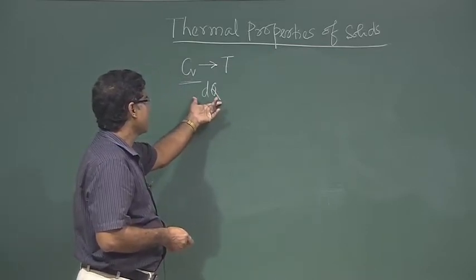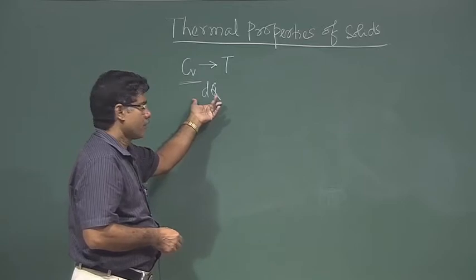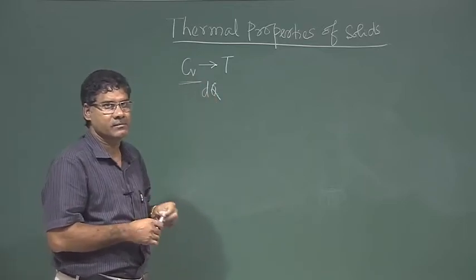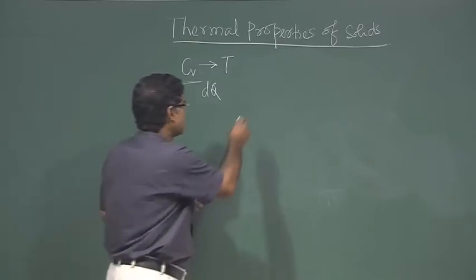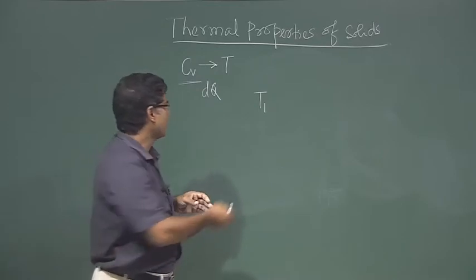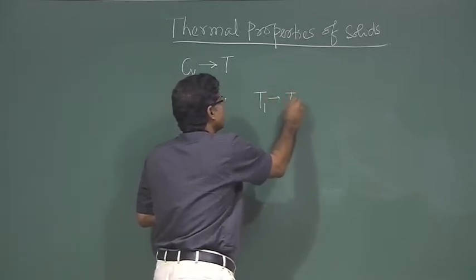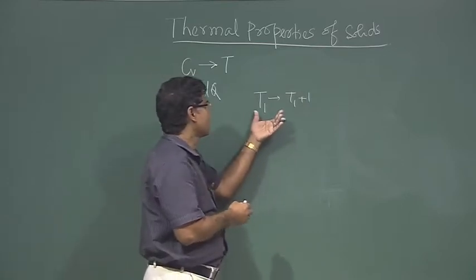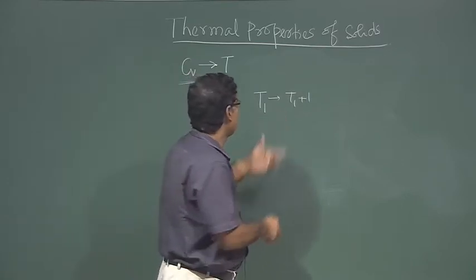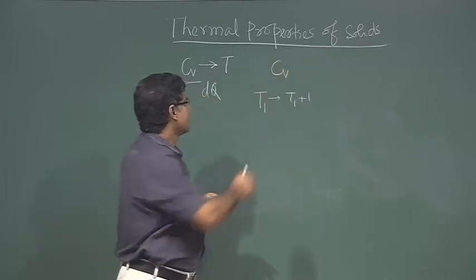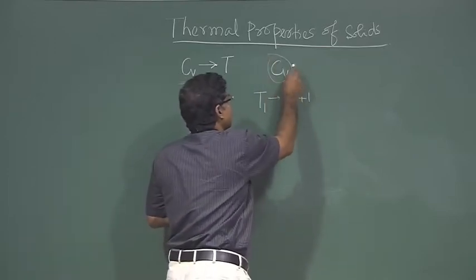Whether that change is all the time the same or depends on temperature? A system at temperature T1, to change to T1 plus 1, what is the amount of heat for 1 gram mole? That is Cv.